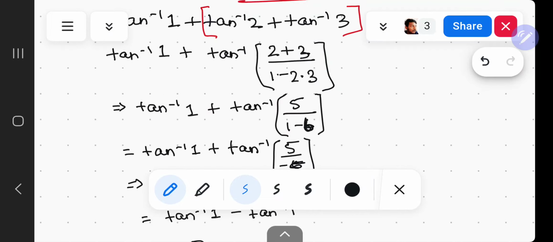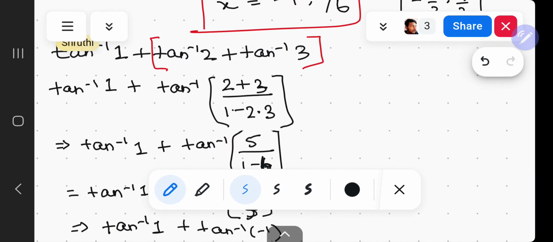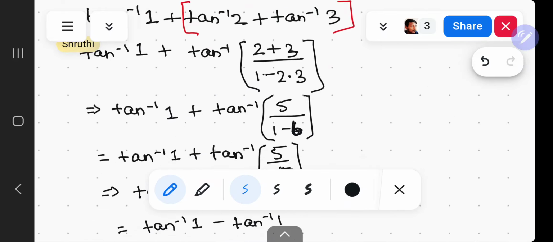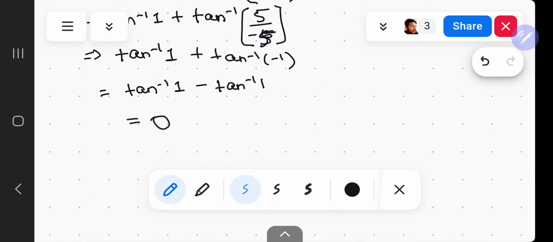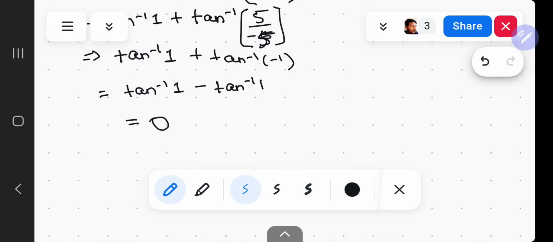Just a minute, I think I did something wrong here. Okay, so we won't be writing it like this, it's wrong. What we'll be doing is, we'll write it as tan inverse 1. That will be 0.